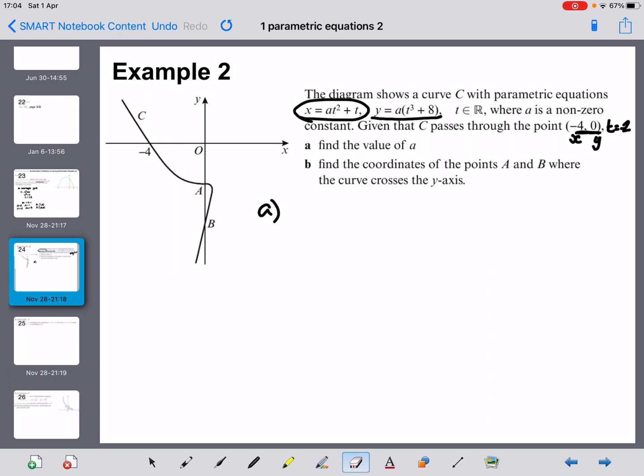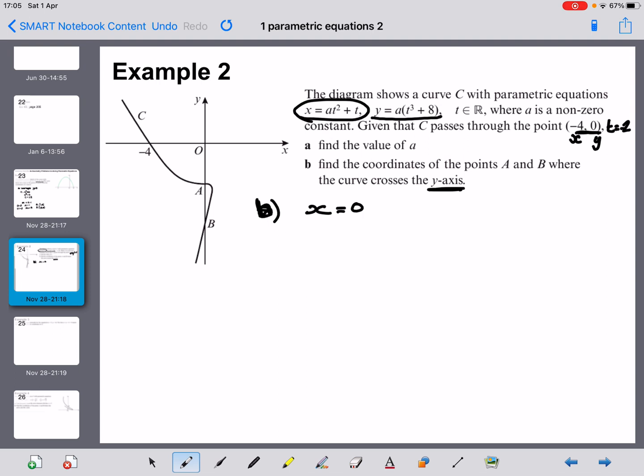So I want to know where the curve for part B is crossing the y-axis. Well, the curve crosses the y-axis when this time the x-coordinate is 0. So I'm going to use the first parametric equation and set x equal to 0 to solve for t, and then I can use the t to put it in the y parametric to get the y value.